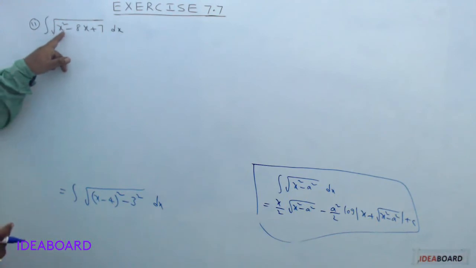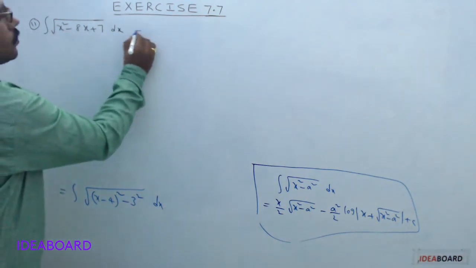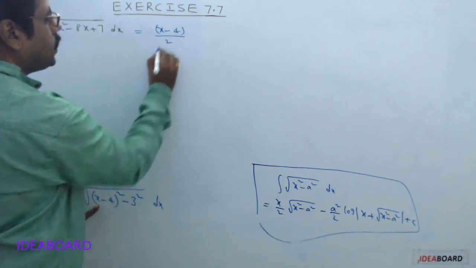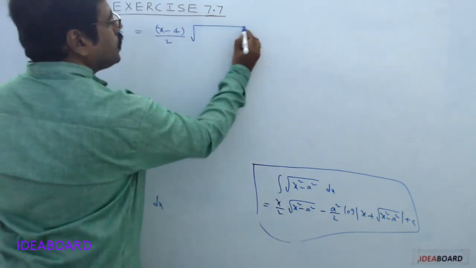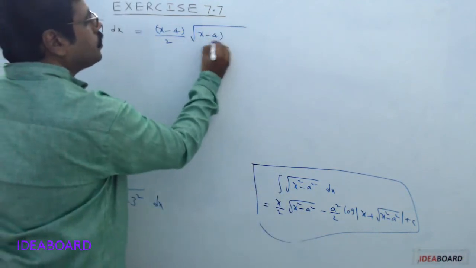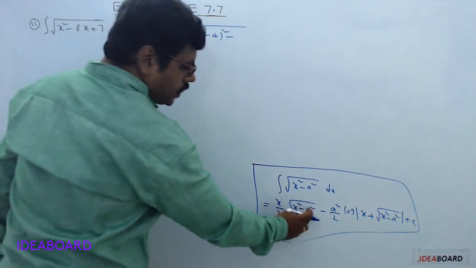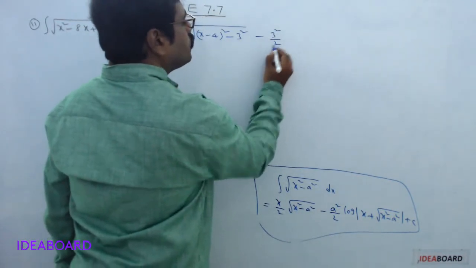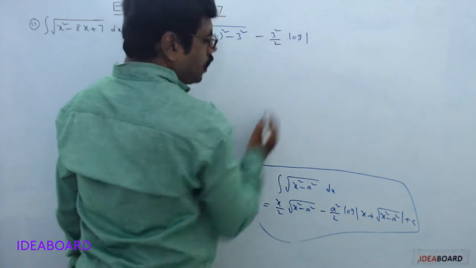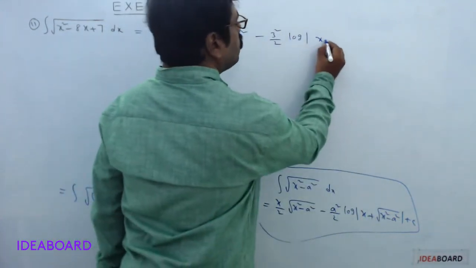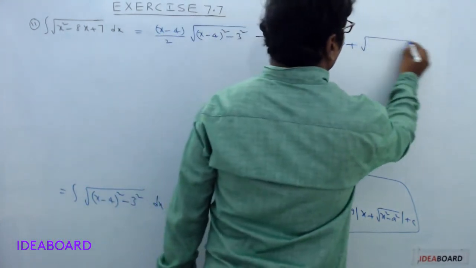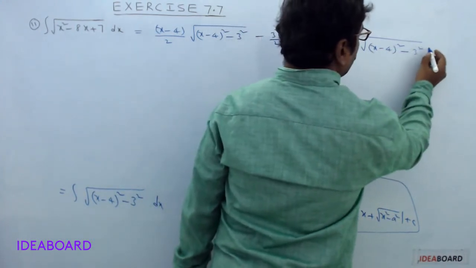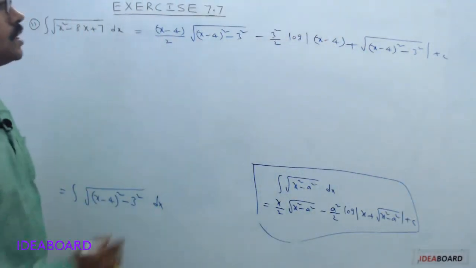So integral square root of x square minus 8x plus 7 dx equal to x minus 4 divided by 2 into square root of x minus 4 whole square minus 3 square, minus 3 square divided by 2 into log mod of x minus 4 plus square root of x minus 4 whole square minus 3 square, plus a constant c.